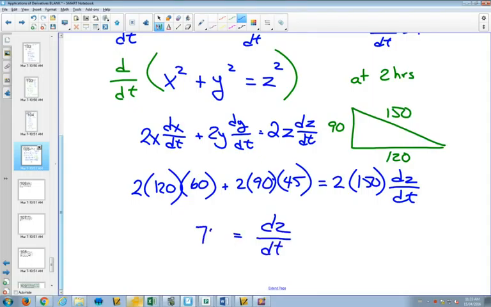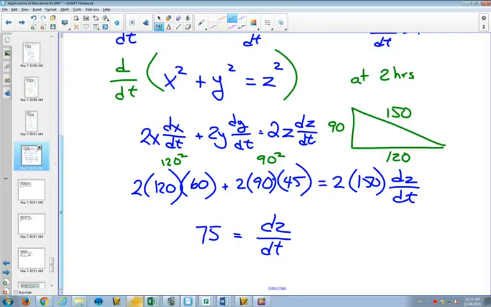Anybody see any mental math shortcuts that I did to figure this out? You could do some dividing things, right? You could divide everything by 2 and cancel out 2's and stuff like that. What I basically did as a visual for this is I said, well, 2 times 60 is 120. So basically this first one is 120 squared. And 2 times 45 is 90, so basically this second one is 90 squared.